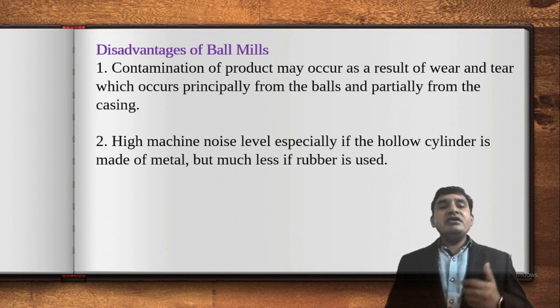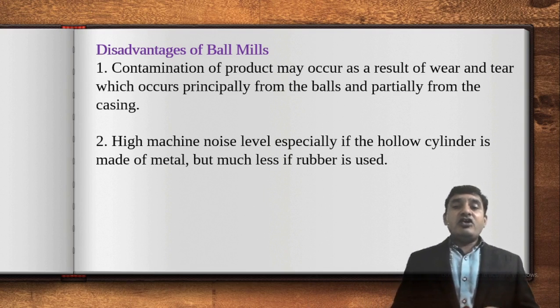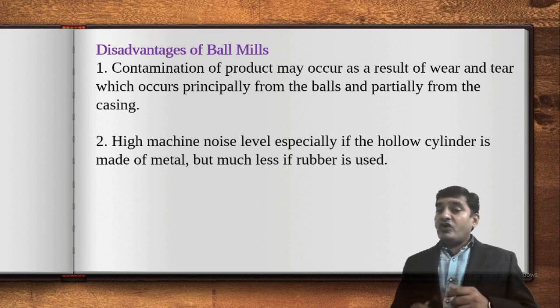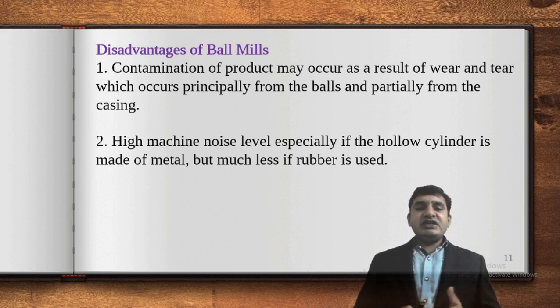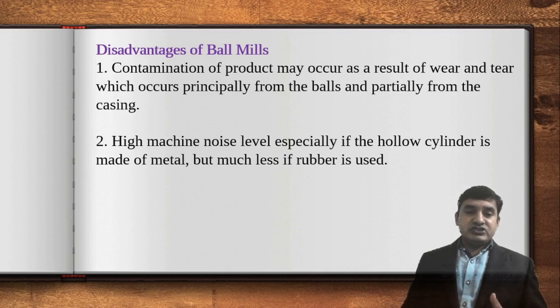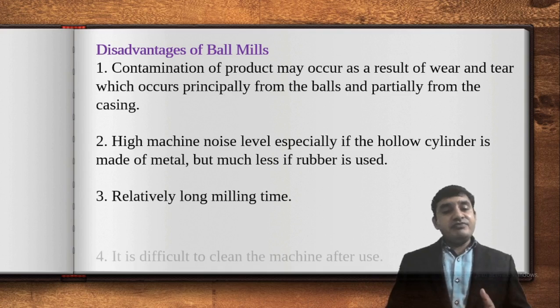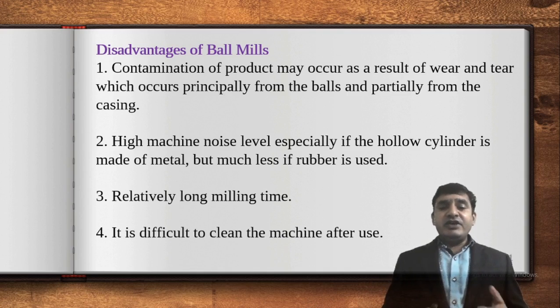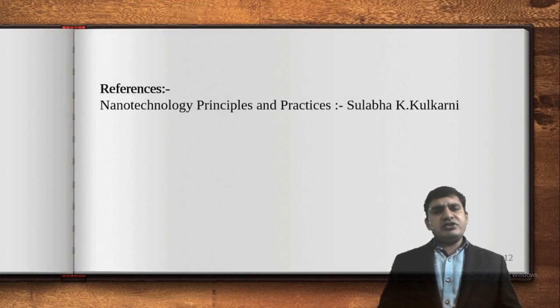Then high machine noise level, especially if the hollow cylinder is made of metal, but much less if rubber is used. Then relatively long milling time, and it is difficult to clean the machine. These are the disadvantages of the ball milling method.